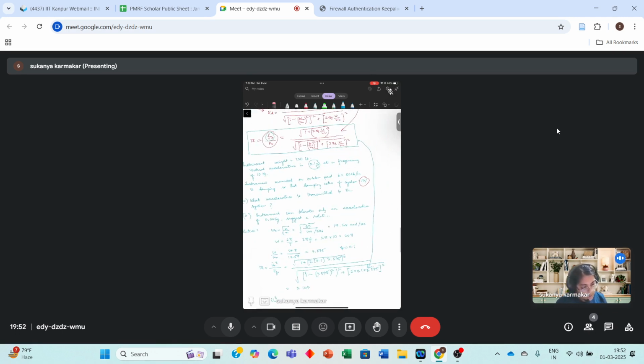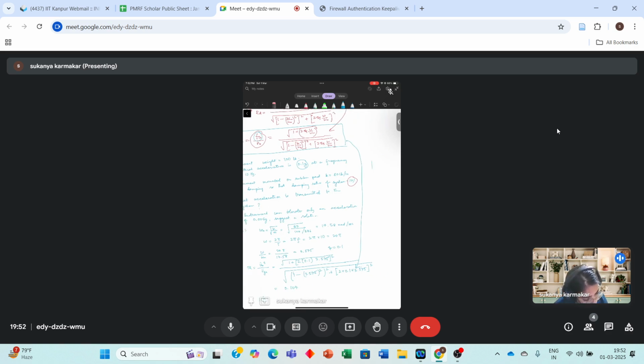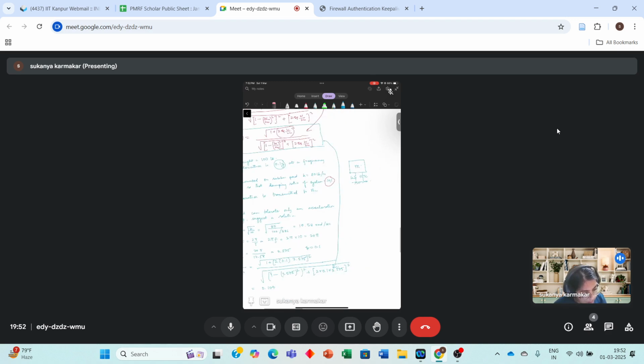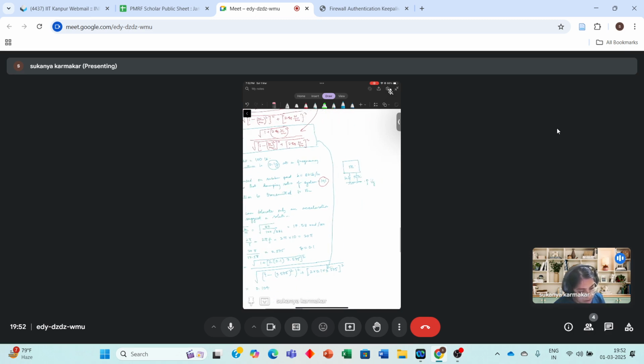So the system is, suppose you have a mass like this. It is sitting on the ground, and this ground is accelerating, the vertical acceleration.